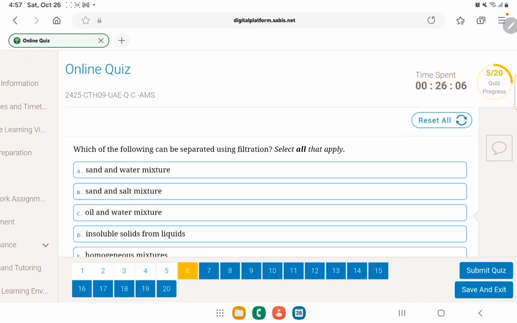Which of the following can be separated using filtration? Filtration, we took that last year. It's really simple. Here we have a filter funnel, and we add filter paper to it. Then we need a conical flask, and we add the solution.